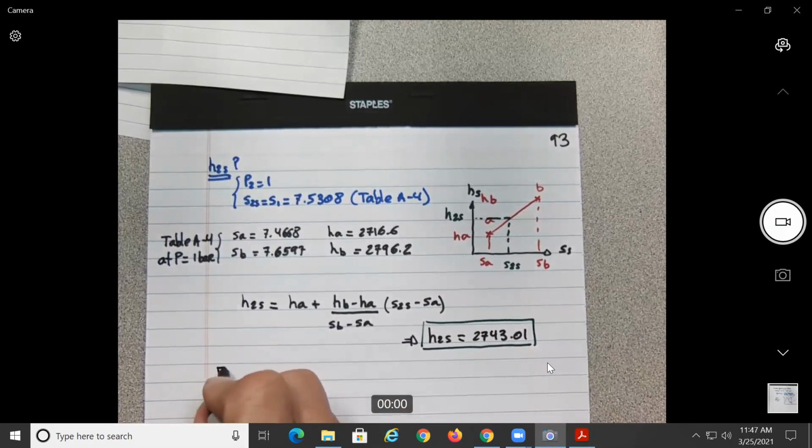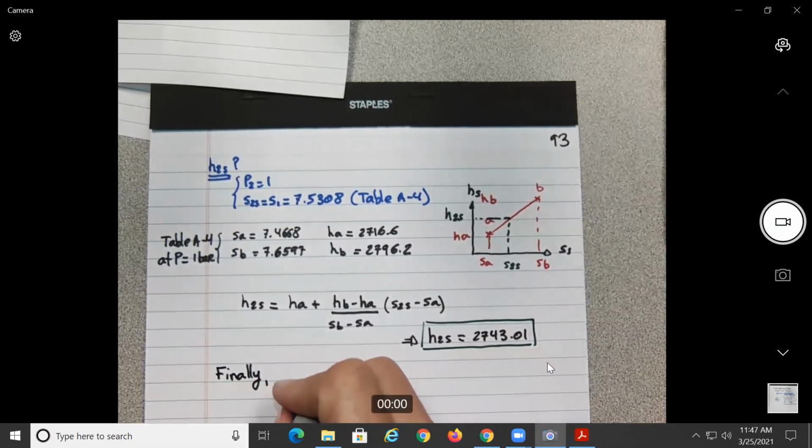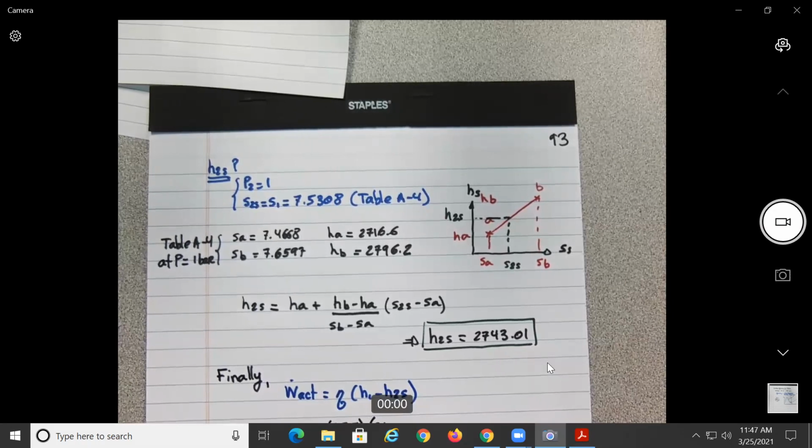Okay, so finally, recalling the equation, we had that the actual work should be equal to the performance times H1 minus H2S. So this is equal to 0.75 times H1, which we found to be equal to 3,105.6, minus 2,743.01.